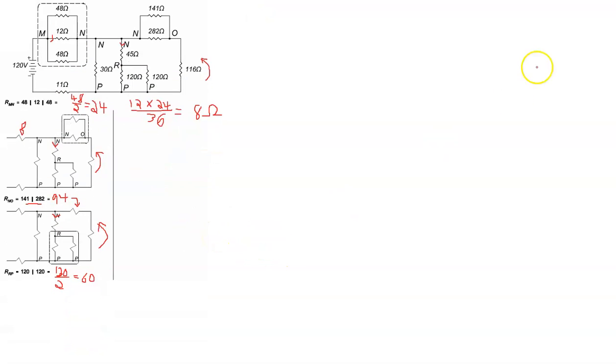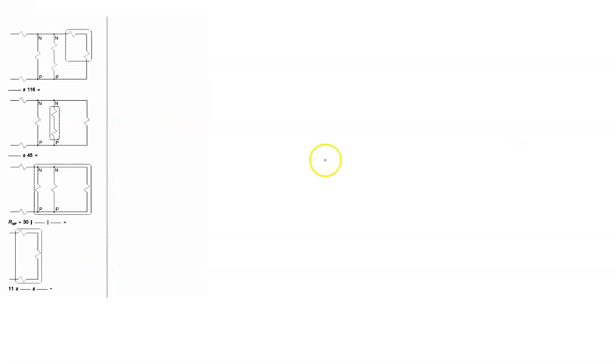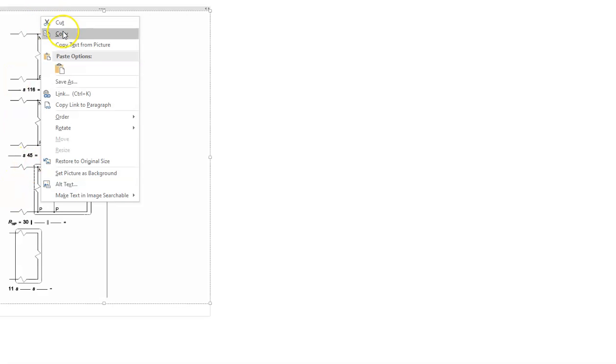Okay, so now I think I should be able to pull in the next drawing that Mr. Chalk has included there on page 47 of the workbook.